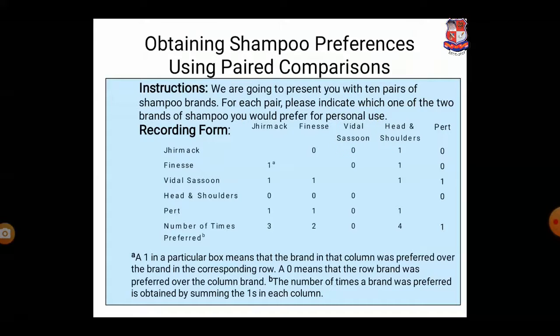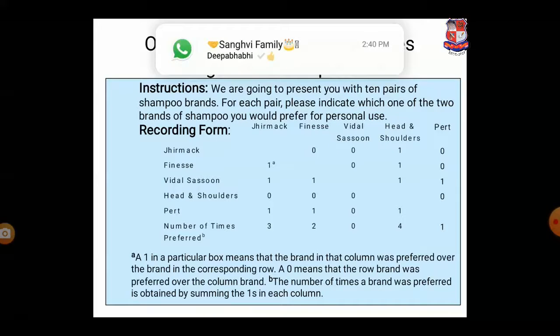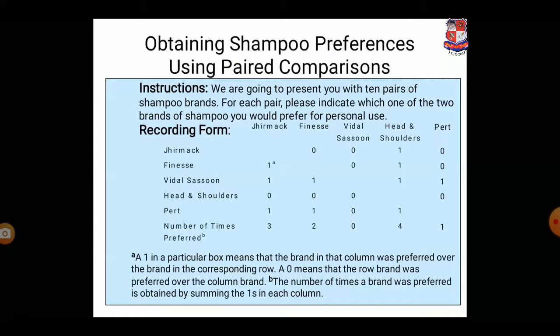Instead of that, you can also take the example of Dove, Lux, Pantene and Chik, right? For example, I want to understand whether customers prefer Mark or whether they prefer Finish. Or I want to understand whether they prefer Mark or Vidal, or whether customers prefer Mark or Head and Shoulder.